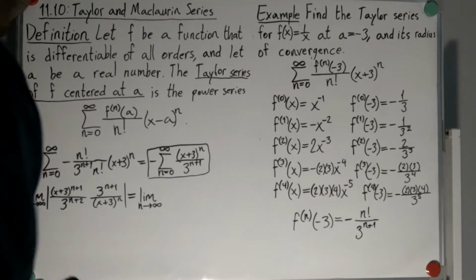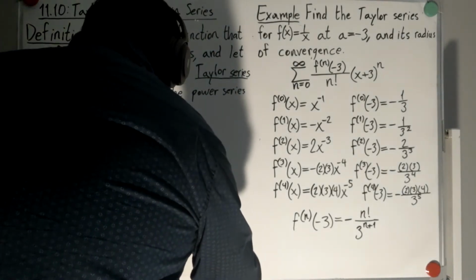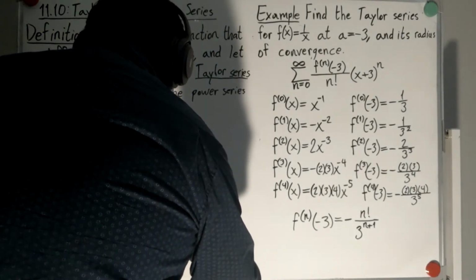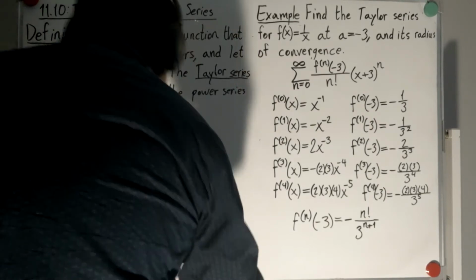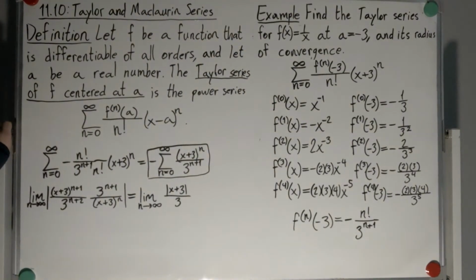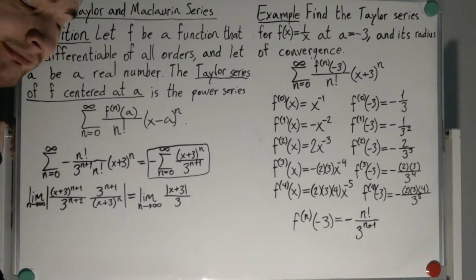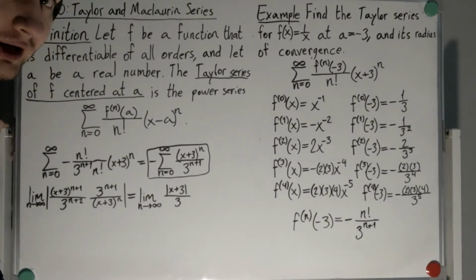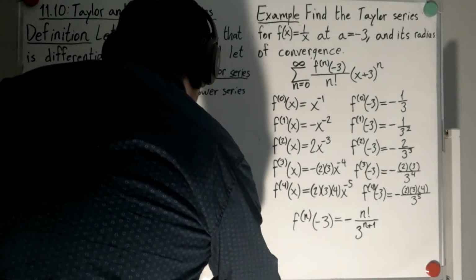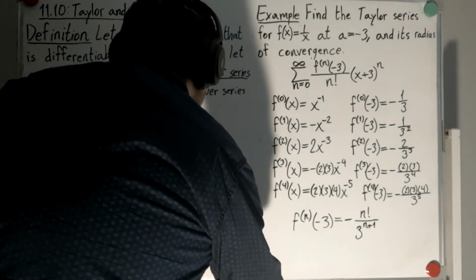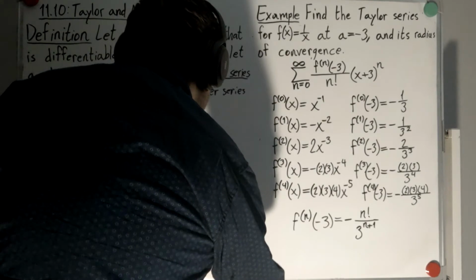And then we need the absolute value of that. So the absolute value of x plus 3 divided by 3, well, that's just a constant with respect to n. So as n approaches infinity, this is just going to end up being 1/3 absolute value of x plus 3.